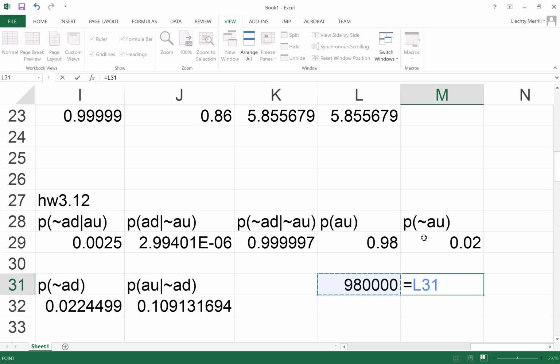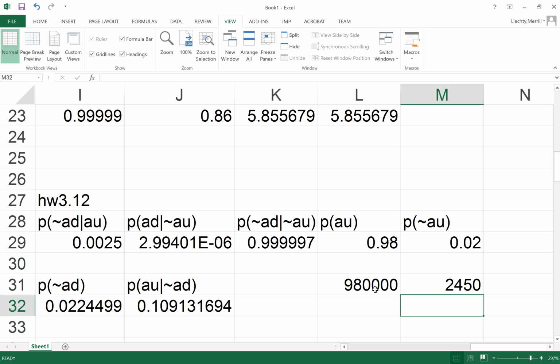What's the admittance rate for those people? If you're authorized, you get in almost all the time, right? So we're going to say what proportion are not admitted, because that's what we're really interested in. So it's 3 divided by 1,200, or 1 in 400. I'm going to multiply that by 3 over 1,200. And of the 980,000 people that are authorized that show up, I have 2,450 that are not admitted.